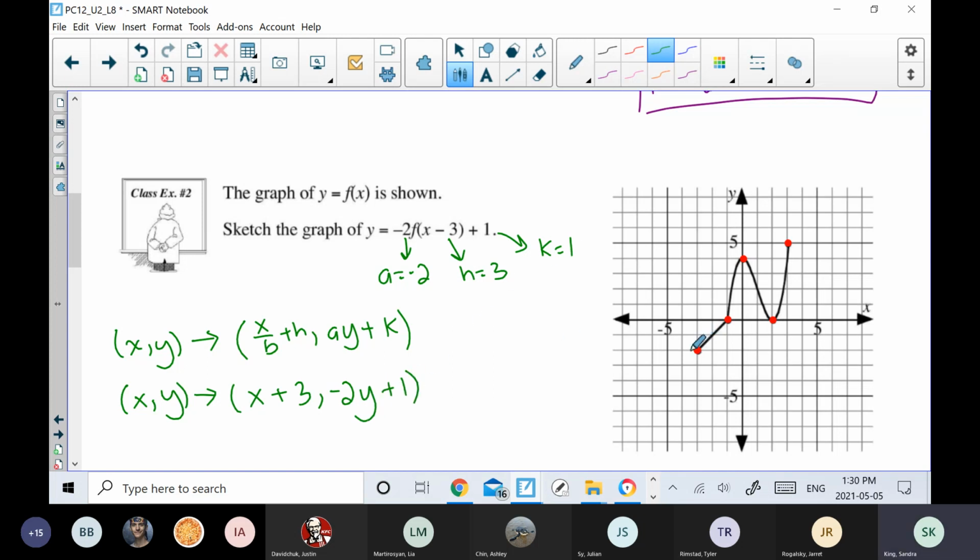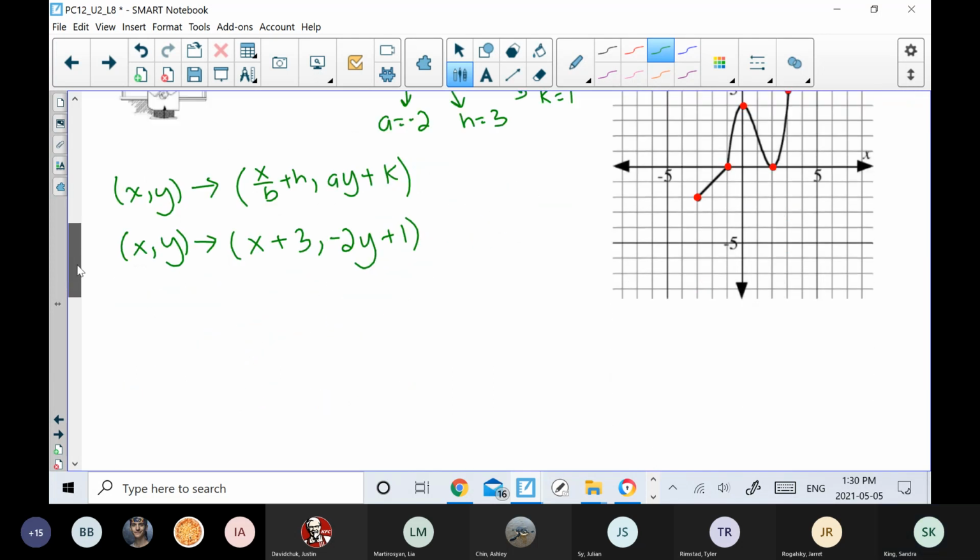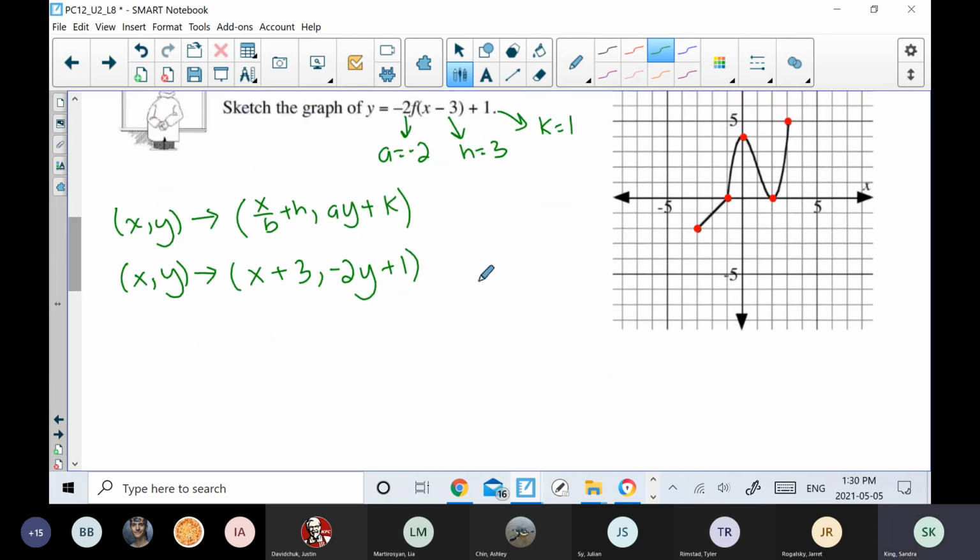So let's write A, B, C, D, E. So these are sort of nice points that we could pick. And then let's do our mapping and get A prime, B prime, C prime, D prime, and E prime. Okay. And then again, I'm going to show you how the book would do it and how a couple other teachers would do this.